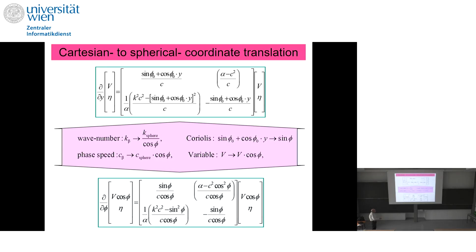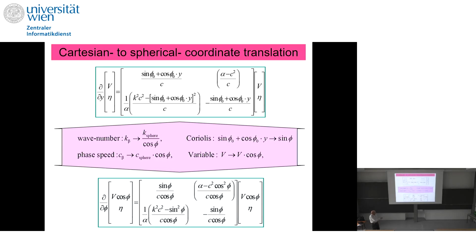By the way, when you multiply them, of course, you get omega, and omega doesn't know whether you're working on spherical geometry or planar. And the Coriolis parameter obviously goes from something that's linear with y straight to sine phi. And for the variable that goes in here, it's a lot easier to write it this way, to put the cosine phi here, in which case this is the way the matrix looks.